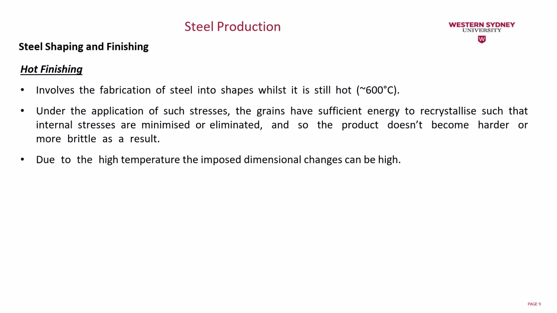Due to the high temperature, the imposed dimensional changes can be high, because at high temperature the material expands, while on cooling it shrinks, and this causes the dimensional change to occur.